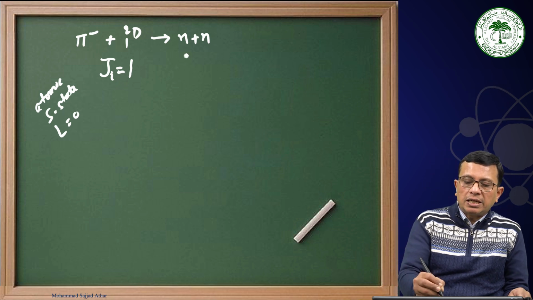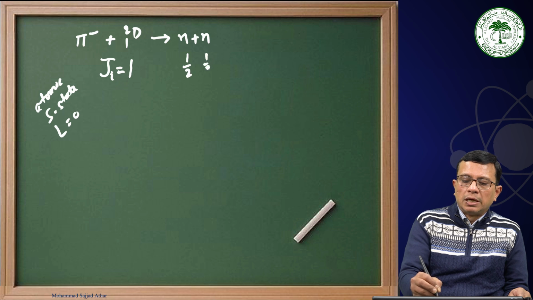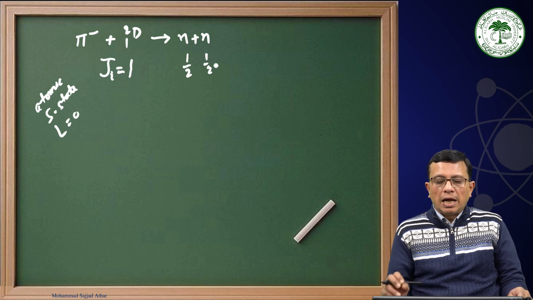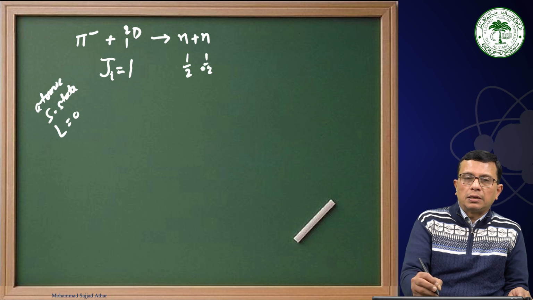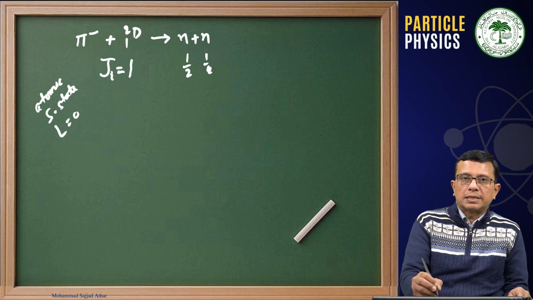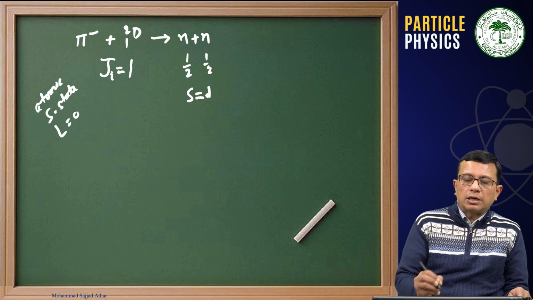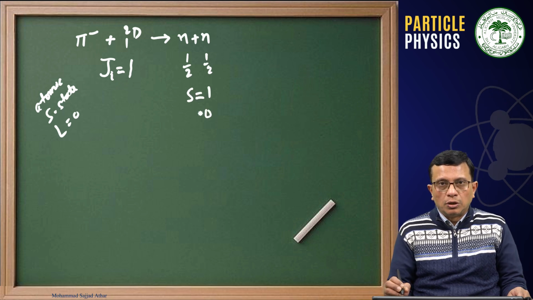Then in the final state we have two neutrons. These neutrons are spin half fermions, and therefore the spin for both particles is half, resulting in a total spin of 1 or a total spin of 0.